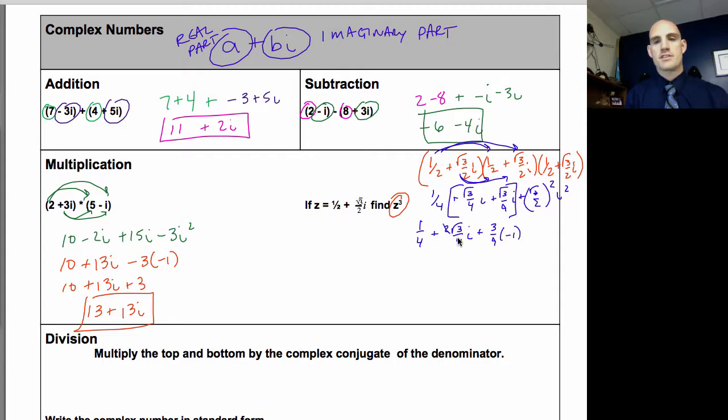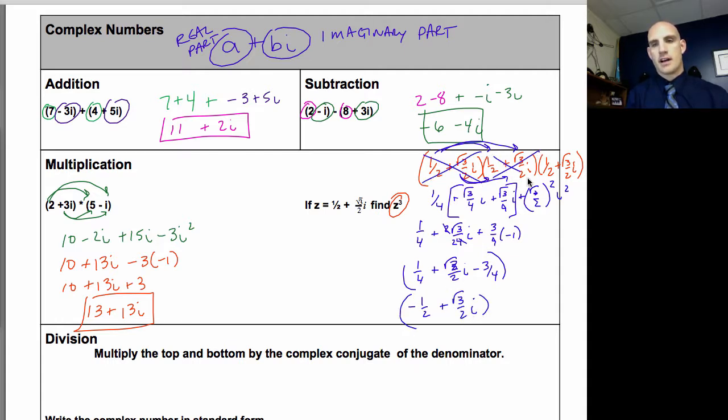If I reduce this middle fraction to 1 over 2, I end up with 1/4 plus root 3 over 2 i minus 3/4. When I simplify 1/4 minus 3/4, I've got -1/2 plus root 3 over 2i.